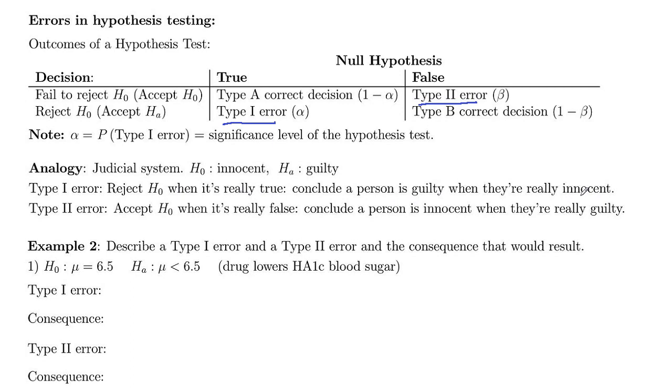We don't want to do that because we could end up imprisoning an innocent person. A type 2 error is when you accept H0 when it's really false. So we conclude that the person's innocent, but that's really false, so they're really guilty. We don't want to do that either, letting a guilty person go free. So there are consequences of these errors.